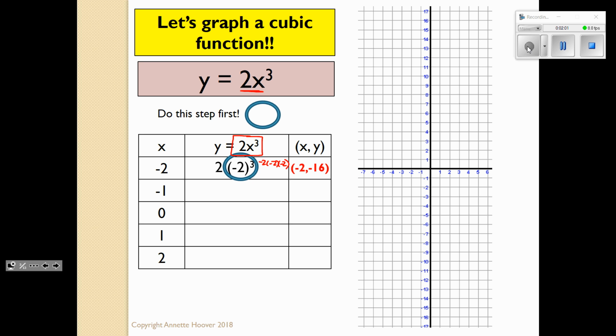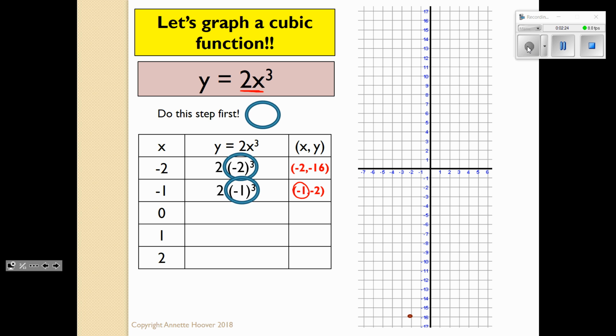So our ordered pair is -2, -16. If we plug in a -1 to the parentheses, we do the exponent first, and -1 multiplied times itself 3 times is -1, and -1 times 2 is a -2. So our new ordered pair is -1, -2.